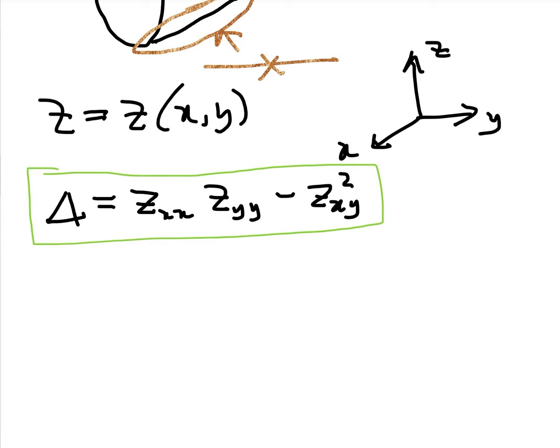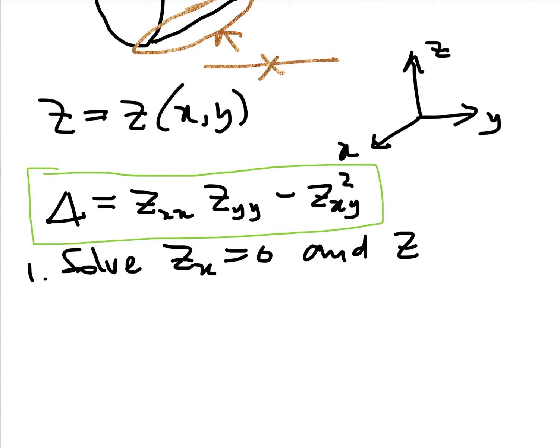Okay, so in the first step, we discuss the first derivative with respect to x and y being equal to 0. So we solve the partial derivative of the function with respect to x equal to 0 and the partial derivative of the function with respect to y equal to 0.